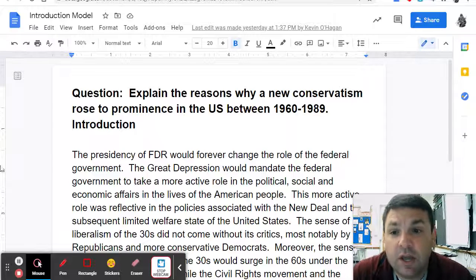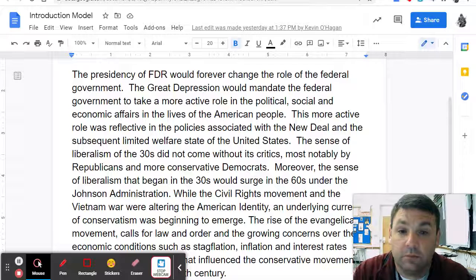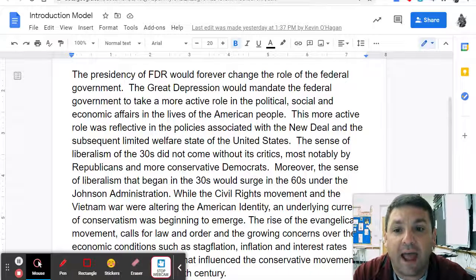So let's take a look. So here's what I have. Now, I'm going to highlight here my context. The presidency of FDR would forever change the role of the federal government. We're going into a big government here. The Great Depression would mandate the federal government to take a more active role in the political, social, and economic affairs in the lives of the American people.